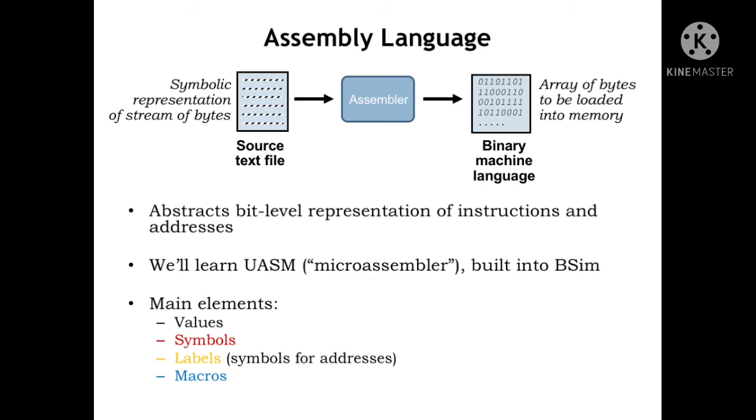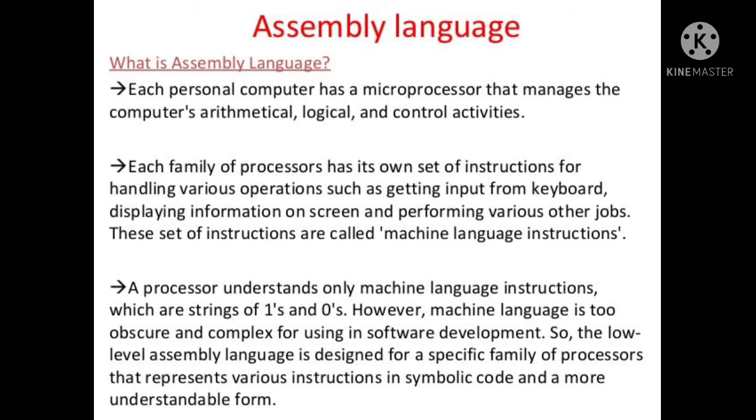Now students, we will move to the next type of computer language, that is assembly language. The assembly language is considered a low-level language for microprocessors and many other programmable devices. The assembly language is also considered a second generation language. The first generation language is machine language.